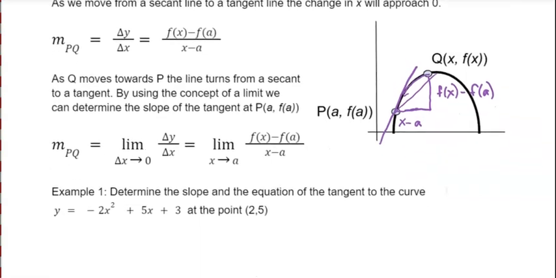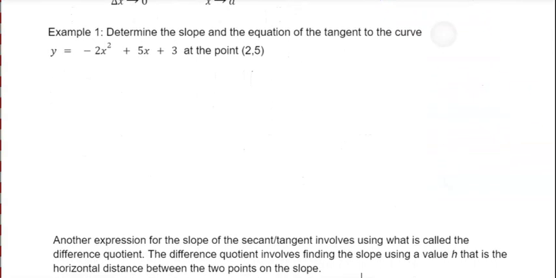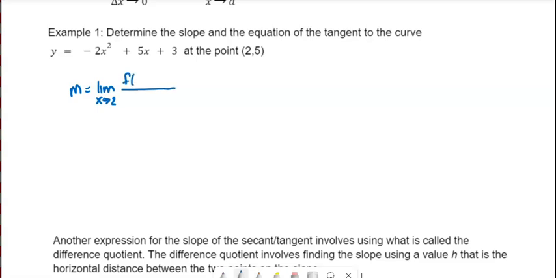So let's try an example. We want to determine the slope and the equation of the tangent to the curve y equals negative 2x squared plus 5x plus 3. So the slope is the limit as x is approaching 2 of the function at x minus the function at 2, all divided by the change in x, x minus 2.